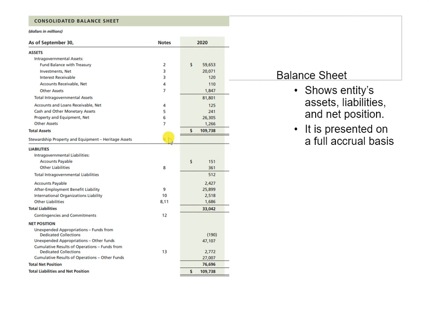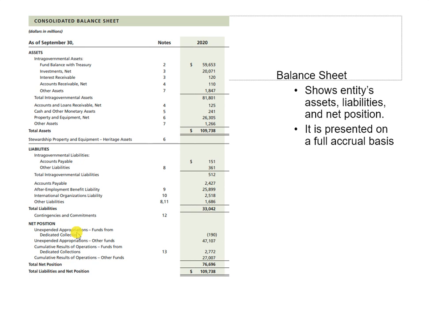In terms of liabilities, the largest is the after-employment benefit liabilities. The difference between the total assets and the total liabilities is the net position. The net position has two parts basically. The first part is unexpended appropriations. Unexpended appropriations are the sum of undelivered orders and unobligated balances.